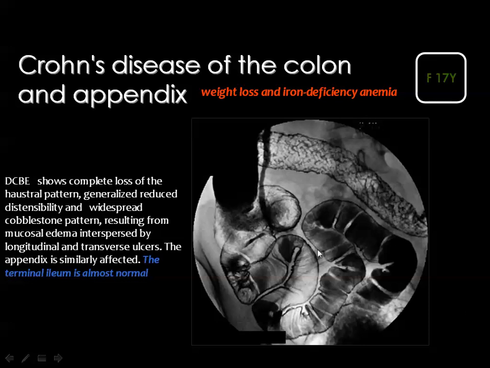This is the terminal ileum, which is markedly attenuated in caliber, and you see the transverse colon with coarse appearance of the mucosa. Sorry, this is the appendix, which is affected by Crohn's disease, and this is part of the colon, which shows the classic prominence of the mucosa.